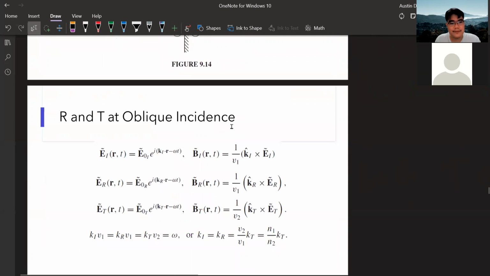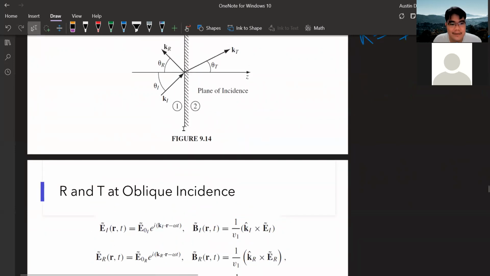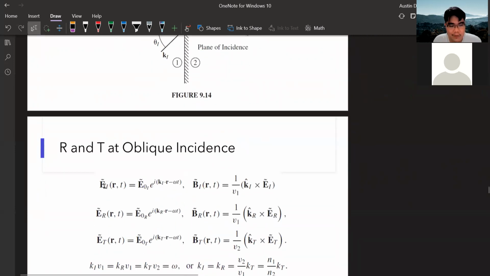Okay? So again, maglalatag ka muna. First step is maglalatag ka ng tatlong sets of equation that defines your waves. So for Ki, meron kang dalawang equation that would be your electric and the magnetic field.